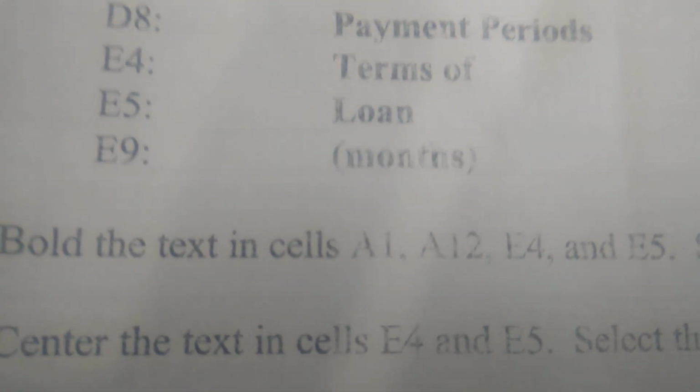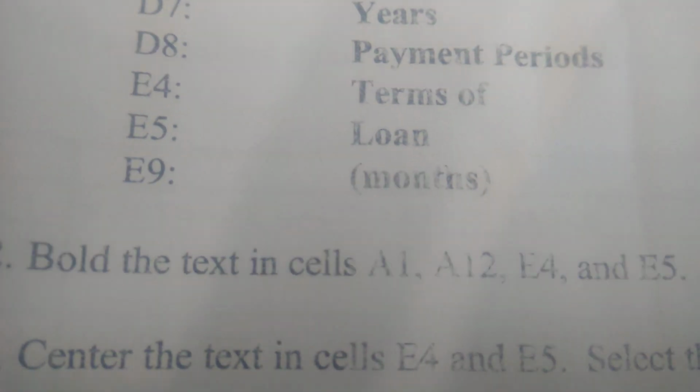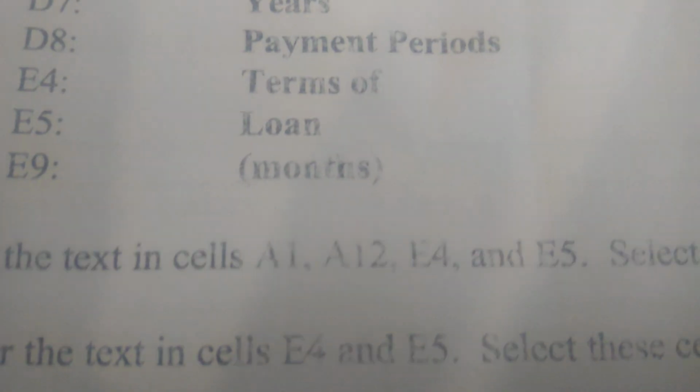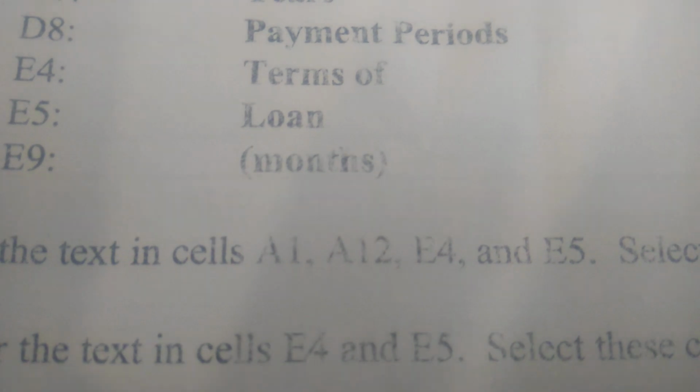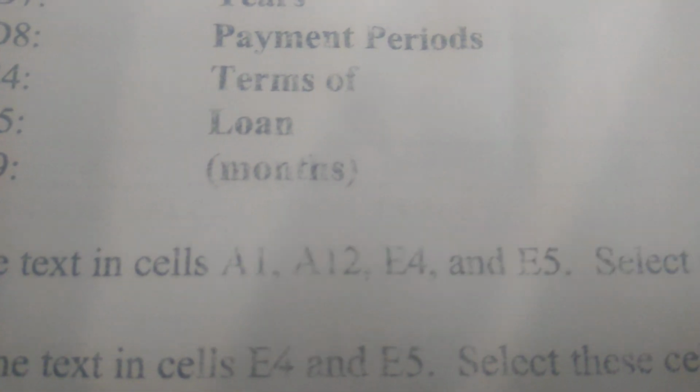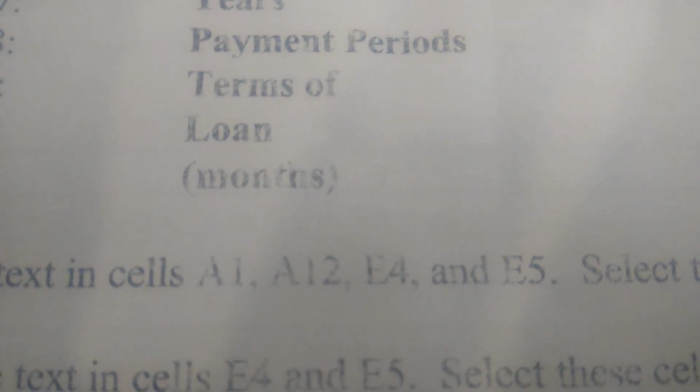In the format menu you'll be able to see it. Even in the toolbar, you have the bold button available. Usually it is always present. You just need to select all these cells and then click on the bold button in the toolbar. It's usually a bold B. You click on it, and then all the text in these cells will be bolded.